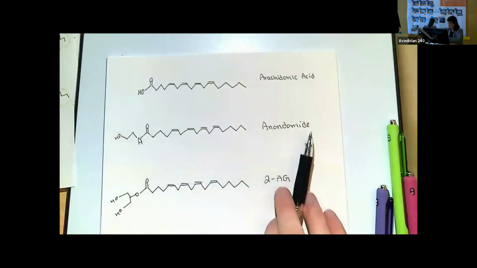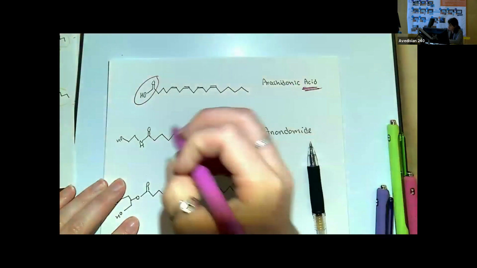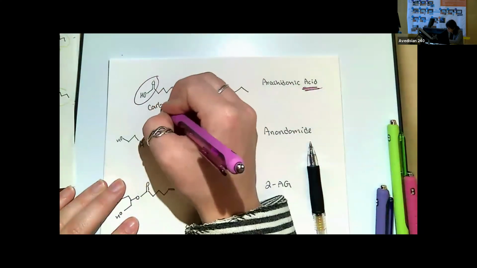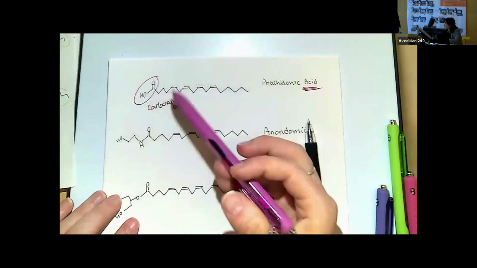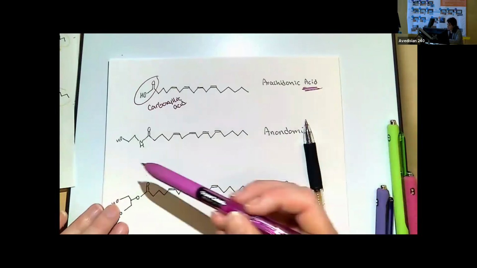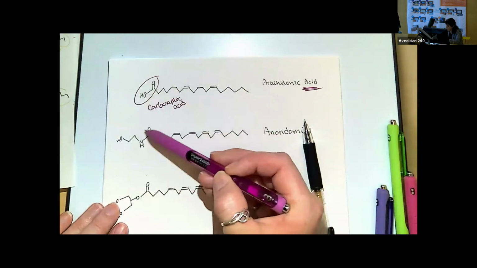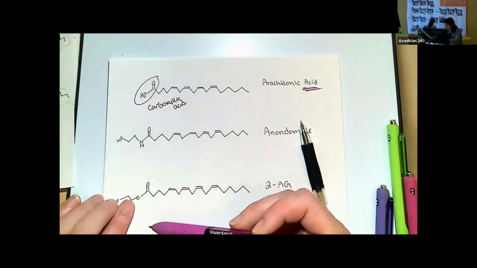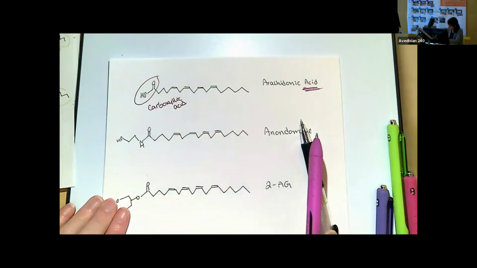So arachidonic acid is called an acid because we have a carboxylic acid. This is a functional group, and that's why it's called arachidonic acid. There is no double bond oxygen followed by an OH here or here. There is an O here, but it's not an OH, so that is not a carboxylic acid.